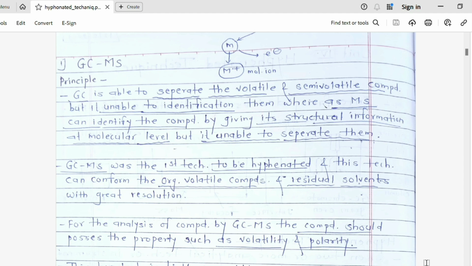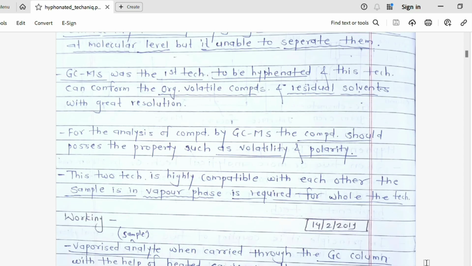By this technique both identification and separation get combined to form a new technique, we can say the hyphenation technique of GCMS. So now in this video we are going to see all the details about gas chromatography with the hyphenation of mass spectroscopy.